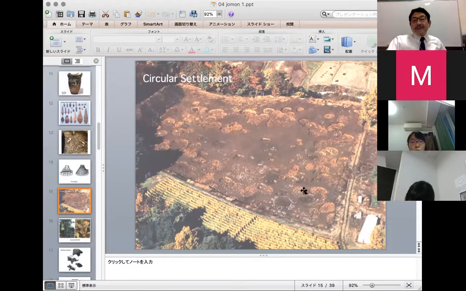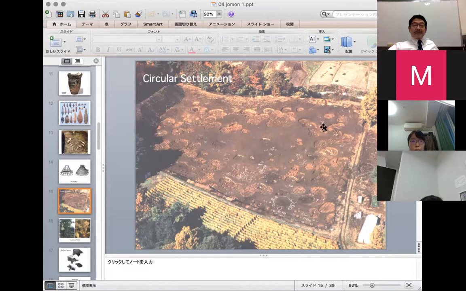And you may see like 100 pit dwellings right here, but it doesn't mean that they had 100 houses at a time. This is accumulation over hundreds of years. They would rebuild, tear down, rebuild, for many years. So as a result, you will find the remains of the total of the pit dwellings.